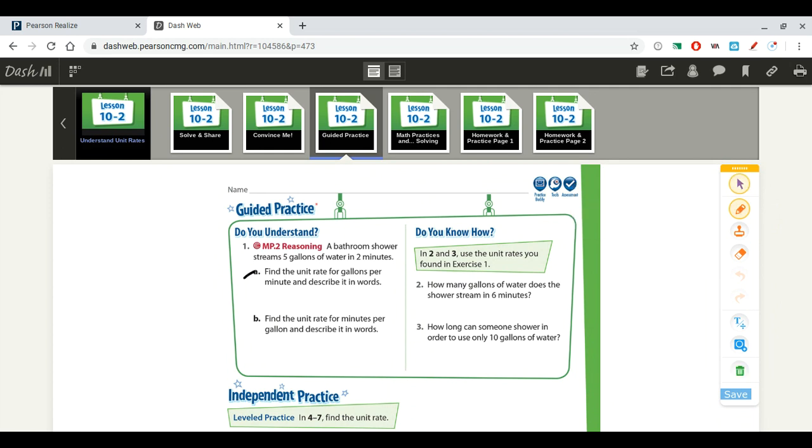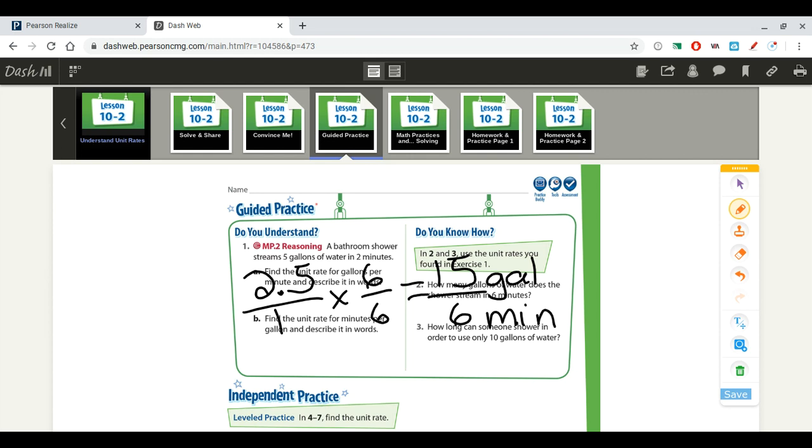So 2.5 gallons per 1 minute, and I'm going to times that by 6. And then when I do 2.5 times 6, I end up with 15 gallons per 6 minutes. So it's 15 gallons per 6 minutes. So again, making sure that you include those units of measurement.